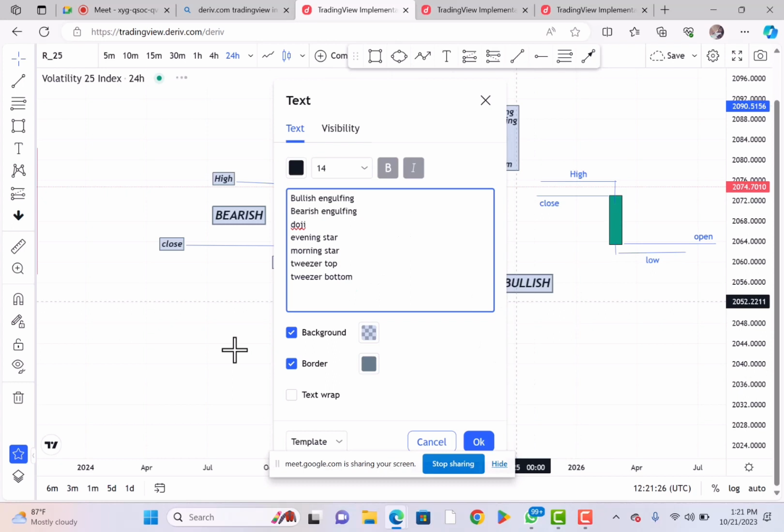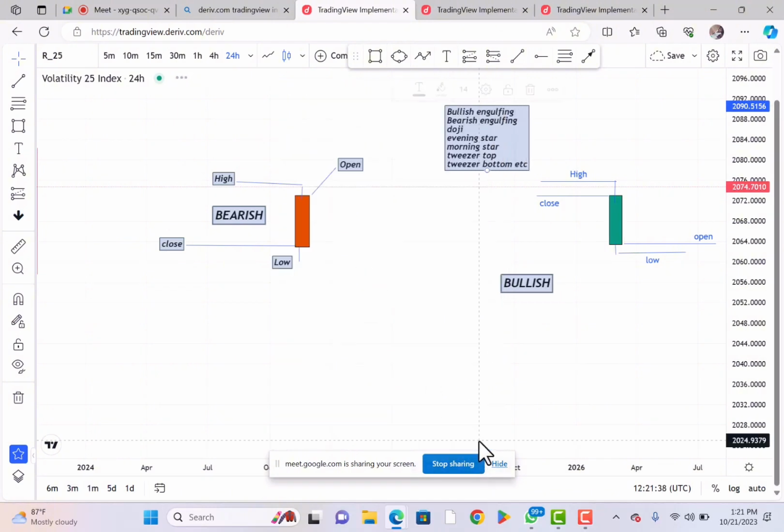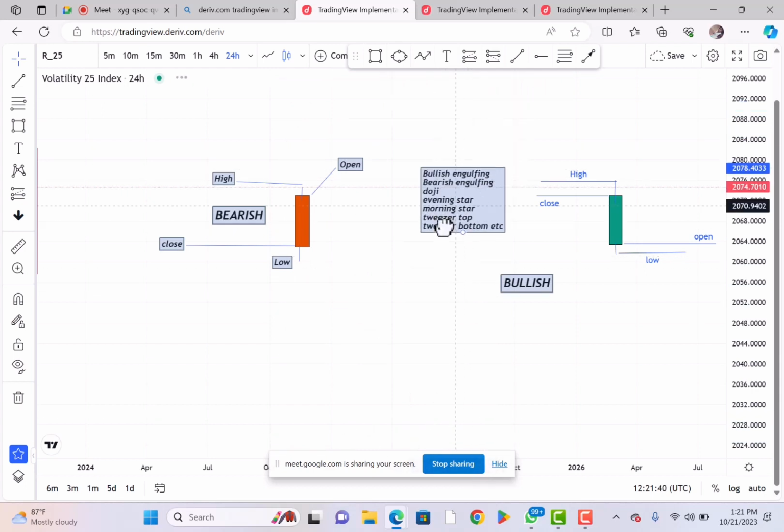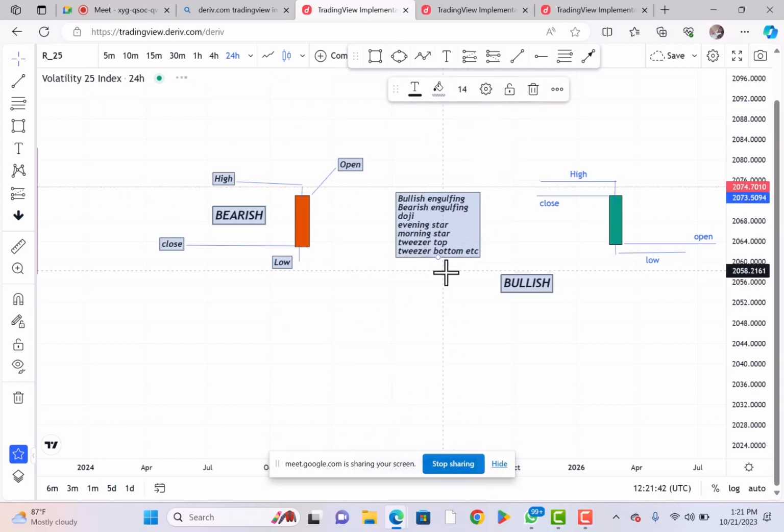So these are different types of candles that we have. I'm just going to put etc., because there are many of them. These are just a few of them that I've listed here.